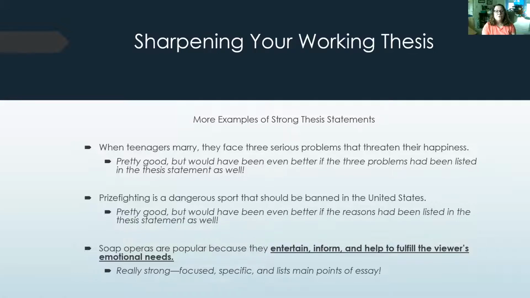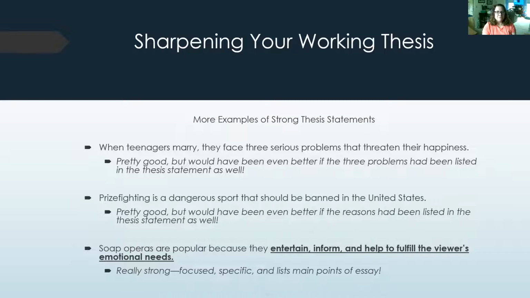Now, I would have known even more about what the essay would entail if this author had listed the 3 serious problems that they're going to look at in the essay. But at least this doesn't leave me wondering, I still don't know where this paper's going.